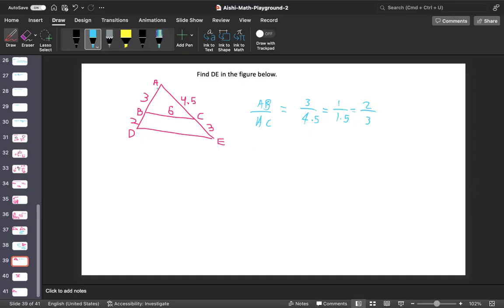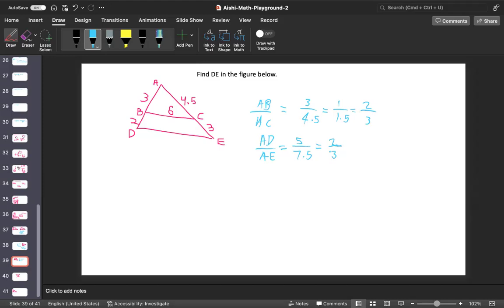Now let's do AD by AE. So AD by AE is equal to 5 by 7.5, which is 2 by 3 again.